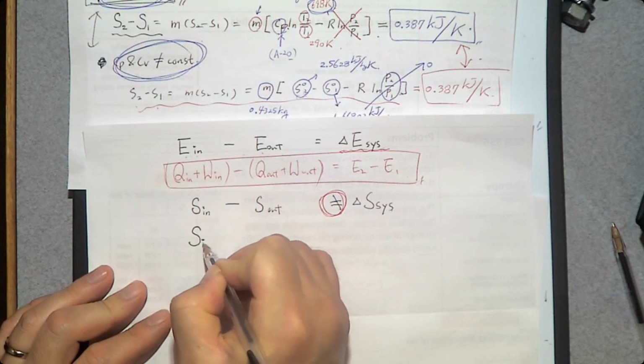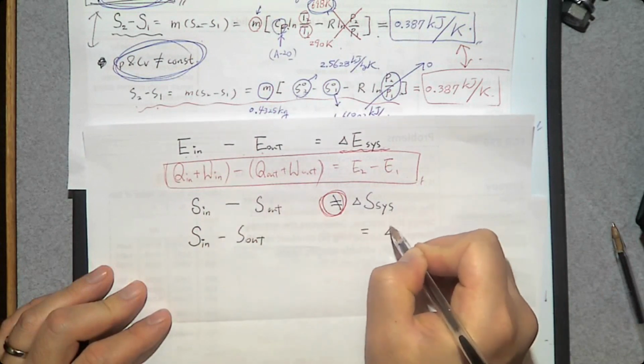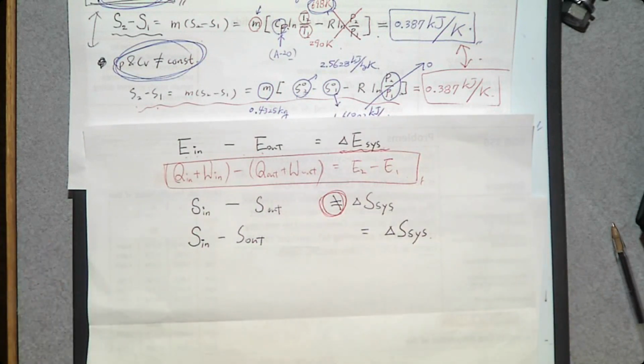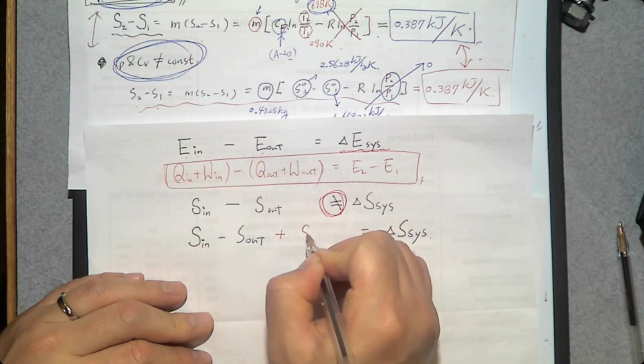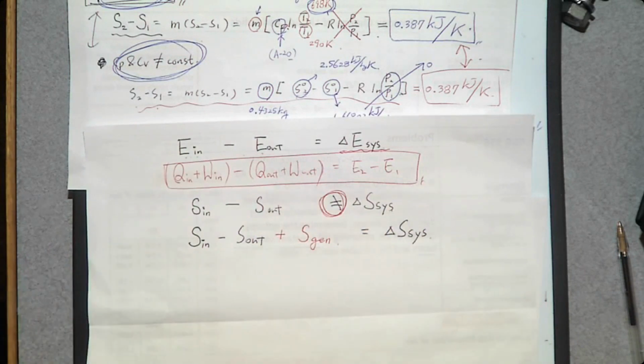So we know S in minus S out is the change of entropy of a system, because if there is a process, entropy should increase. Then what if we add another term for the increase of entropy, the entropy generation.